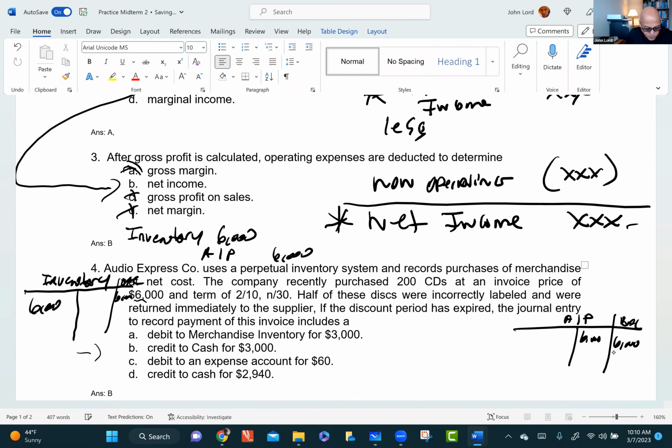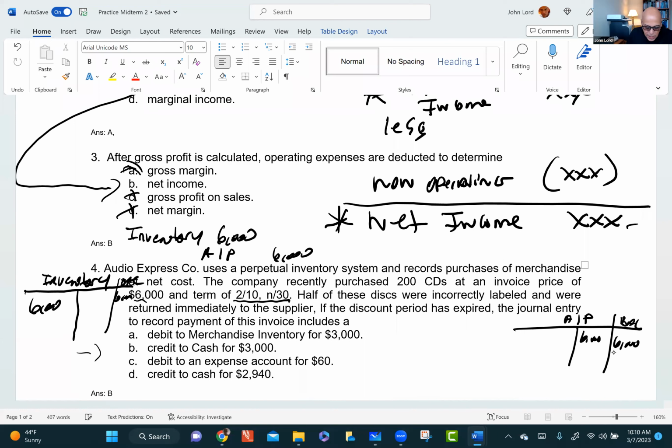Then the terms are 2/10 net 30. What does the term 2/10 net 30 mean? 2% in 10 days. I get a 2% discount if I pay in 10 days, otherwise I have to pay the full amount in 30 days.